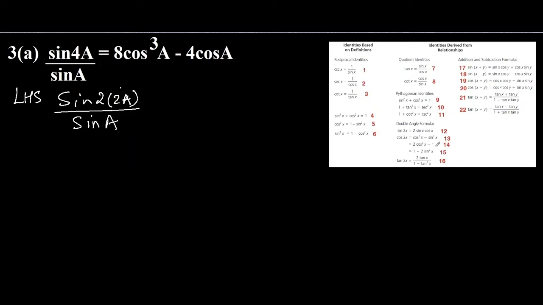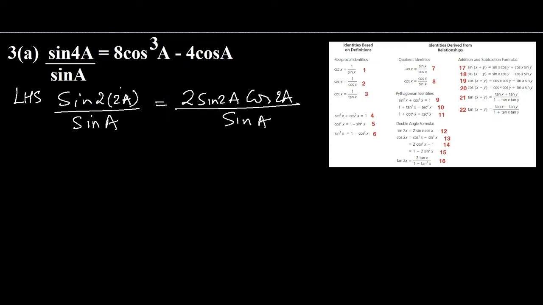Now if I use identity number 12, which says sine 2x is 2 sine x cos x, this 2A is equivalent to x. So what will that be? 2 sine 2A cos 2A over sine A.